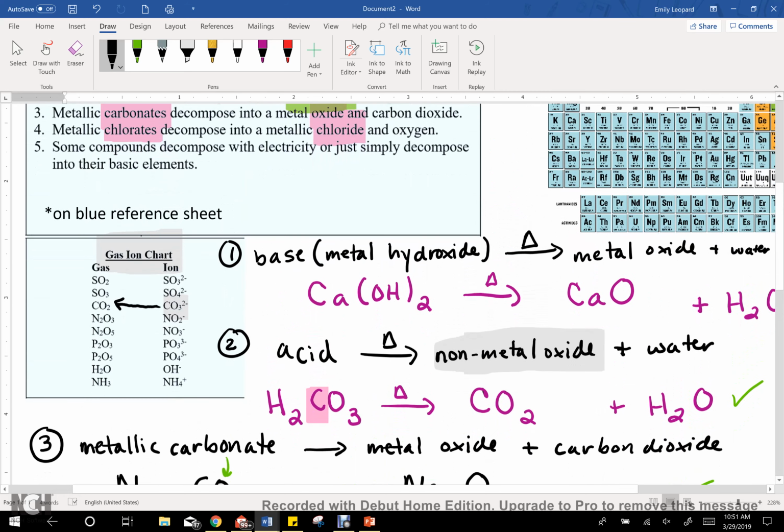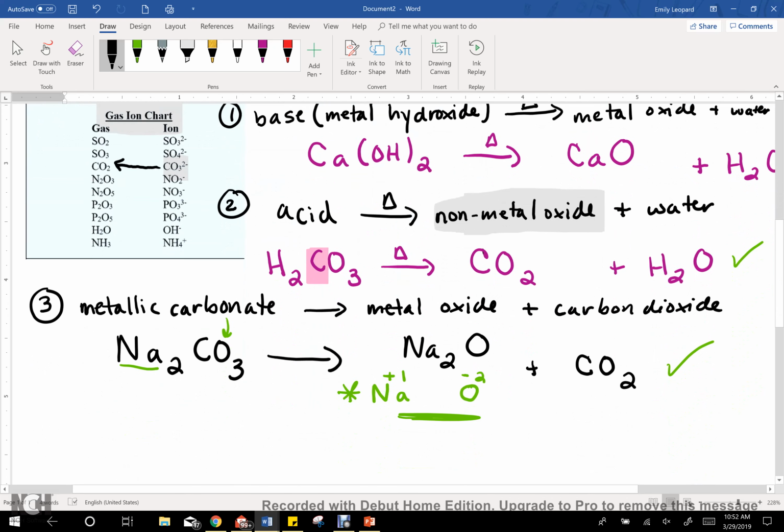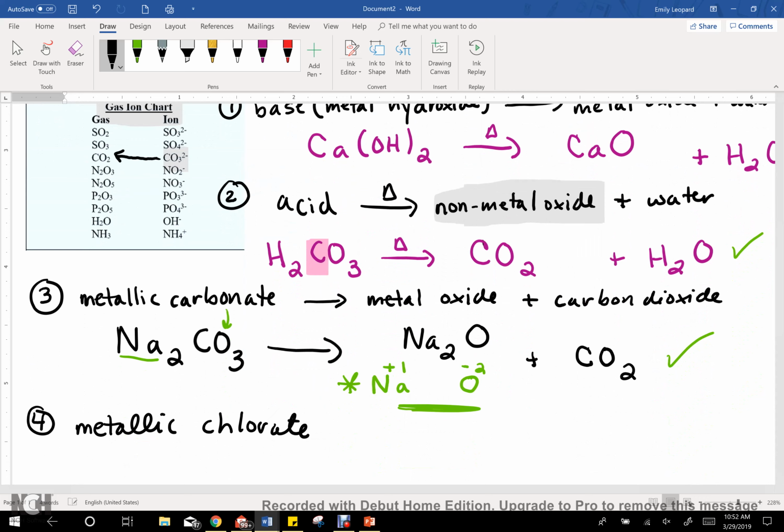All right, so now let's tackle rule number 4, which says a metallic chlorate decomposes into a metallic chloride and oxygen. So again, I'm just going to write my rule. It says a metallic chlorate decomposes into a metallic chloride plus oxygen.